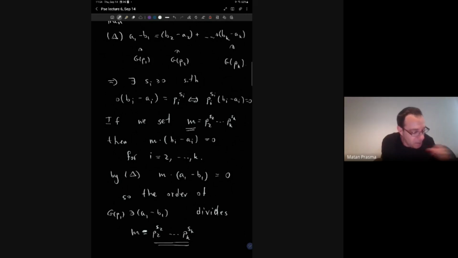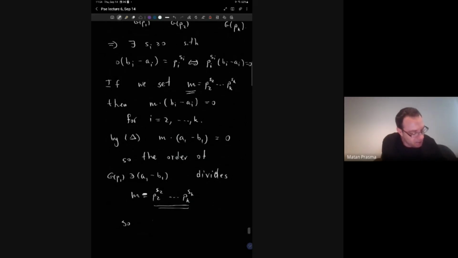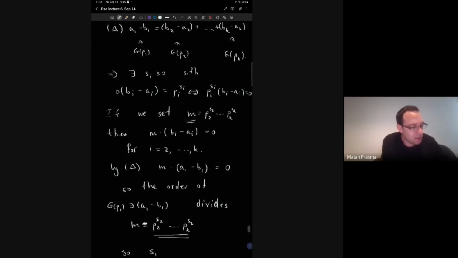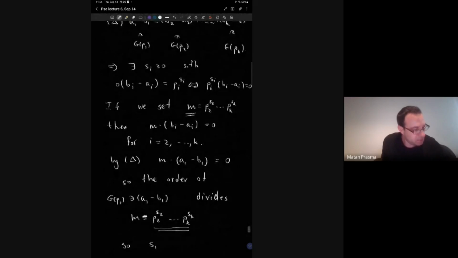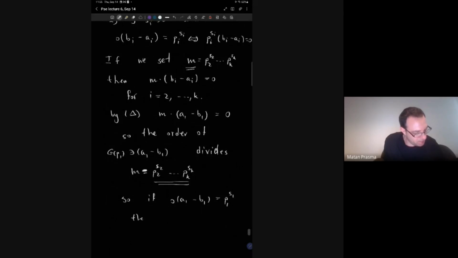So the only way this can happen is that, if A1 minus B1 has order P1 to the S1, then the only way this can divide M is with S1 equal to 0.